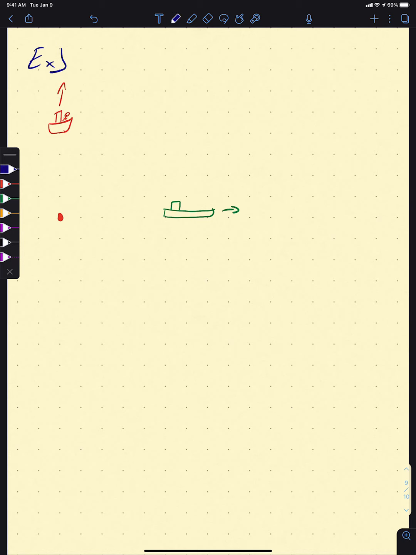And we can ask a question. Say at some given time, the ship is 40 miles from port, and it's sailing at 30 miles an hour. And then the tanker is 30 miles from port, and it's sailing at 20 miles an hour.